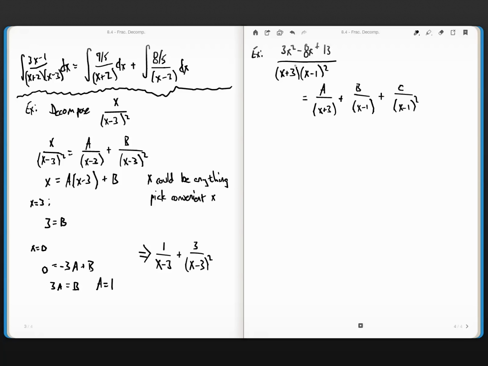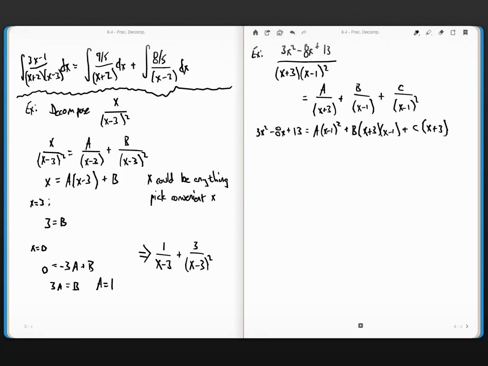Well, I'm going to multiply through by this lowest common denominator that we found, so my left side of the equation just becomes 3x squared minus 8x plus 13, and the right side, well, the x plus 3's cancel, so it's just a times x minus 1 squared, and then plus here, one of the x minus 1's will cancel, so it becomes b times x plus 3 times x minus 1, and then c, both the x minus 1 squareds will cancel, so I'm just left with x plus 3.